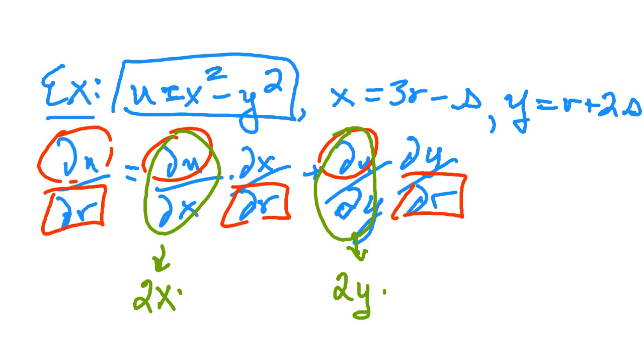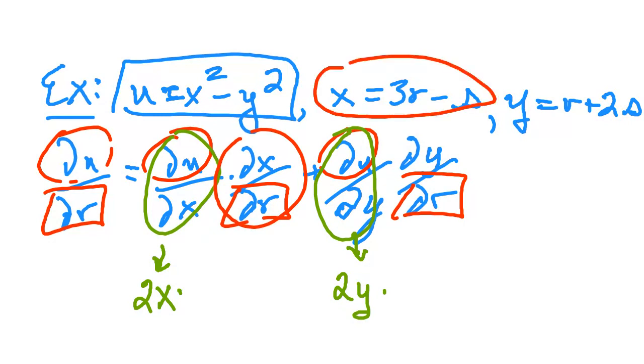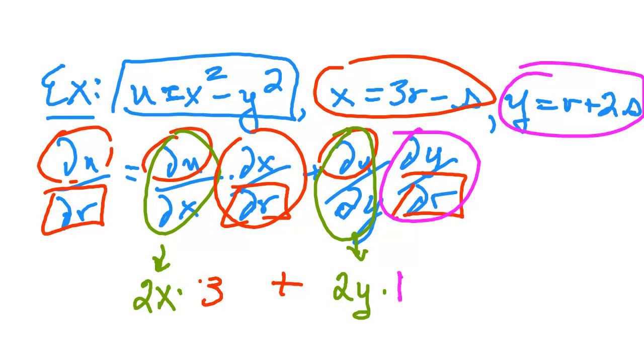And then times what we get for the other one. So let's do the other ones here. Let's take the partial of x with respect to r. Here's my x function. Everything else is a constant, so that would just be times 3. And then I have a plus sign in between, right? And then the partial of y with respect to r is just going to be 1 here.